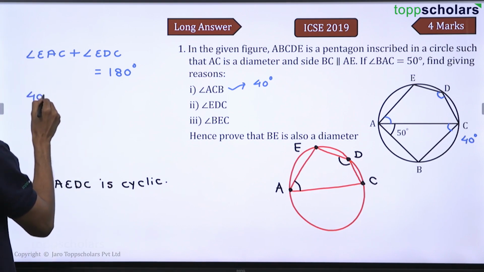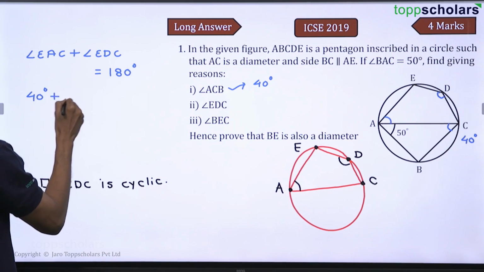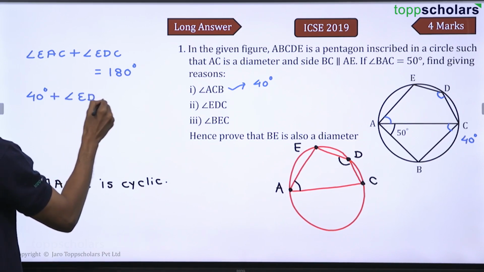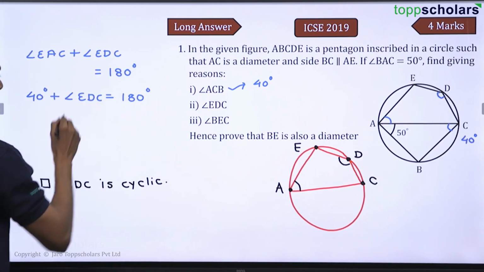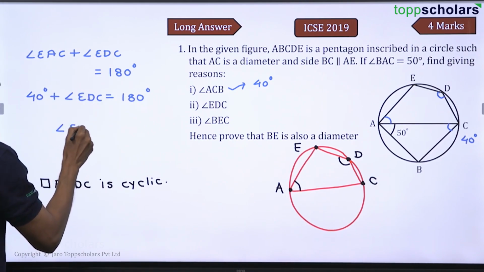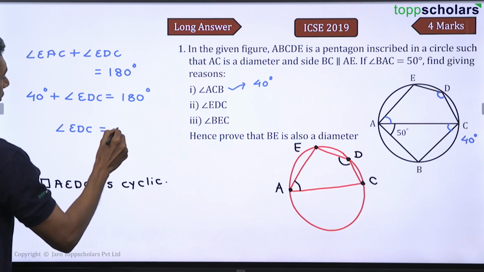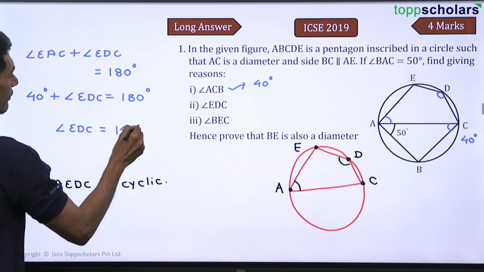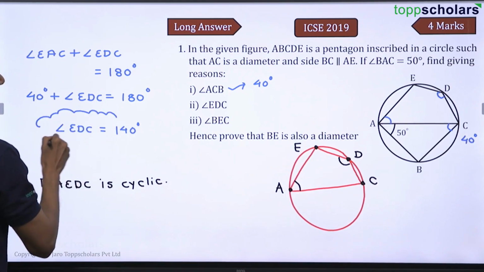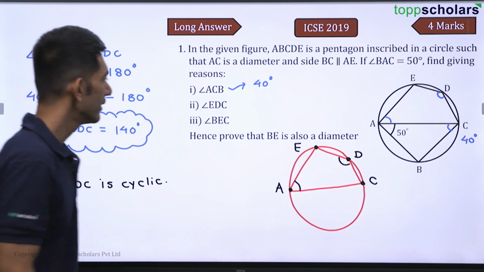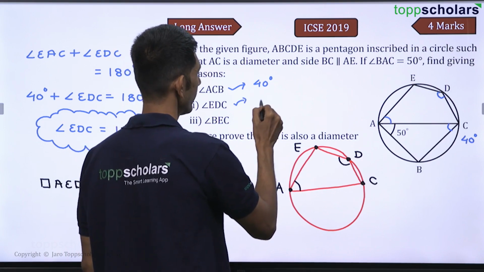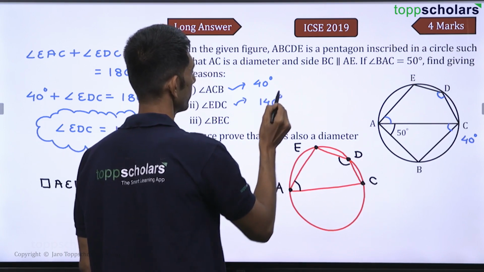Okay. So 40 degrees plus EDC is equal to 180 degrees. 40 goes to the other side. So can I say EDC is equal to 180 minus 40, that is 140 degrees, correct? So we have done the second part as well, and this is 140 degrees.